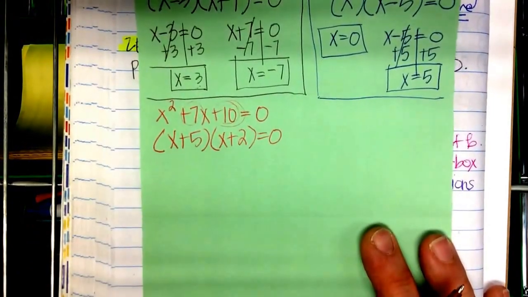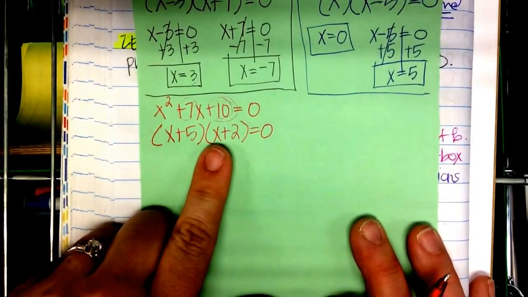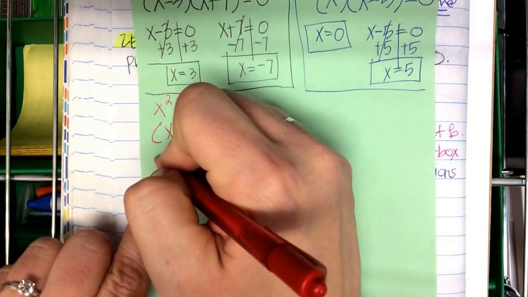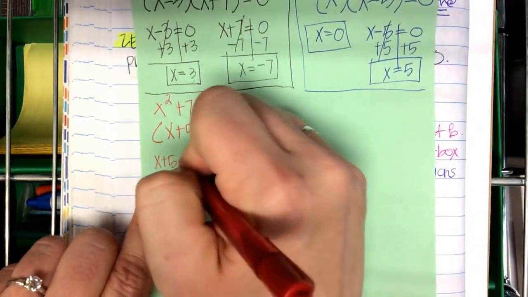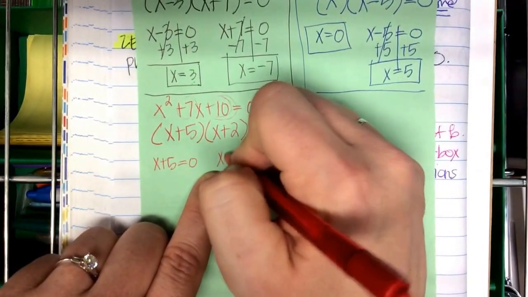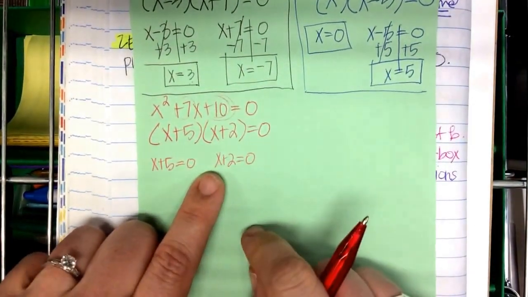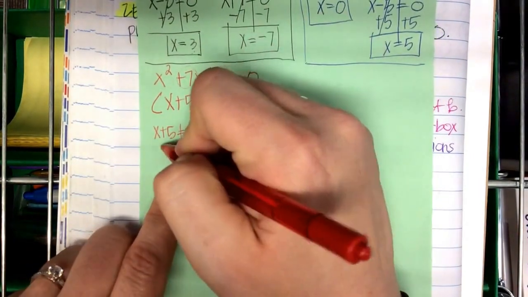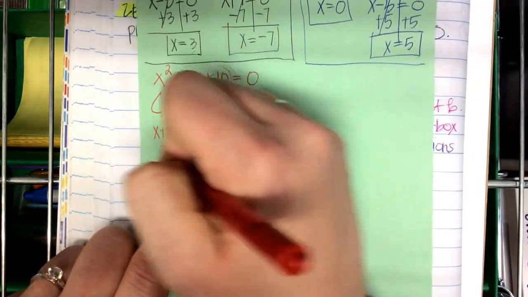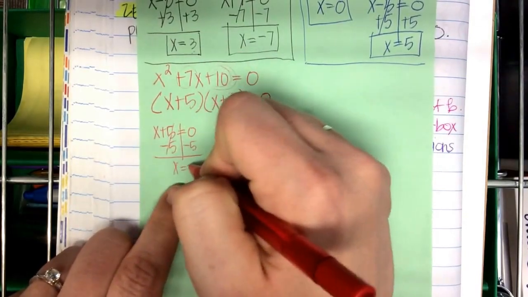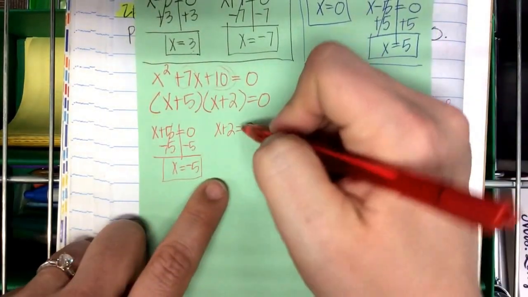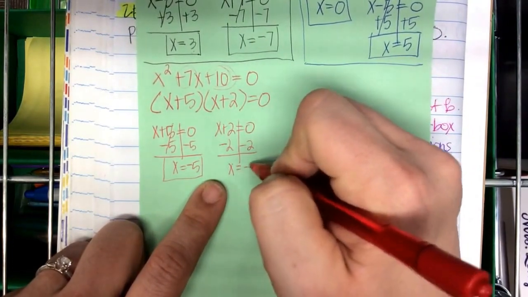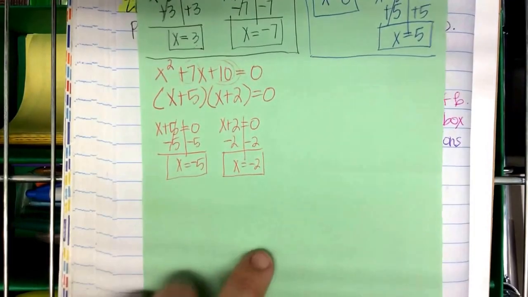Now it's factored. Split it in 2. X equals -5. X equals -2.